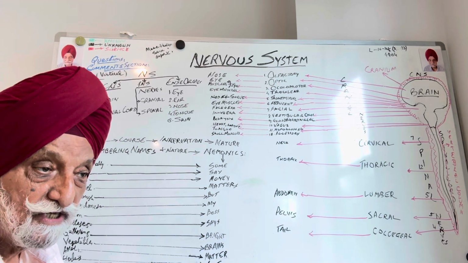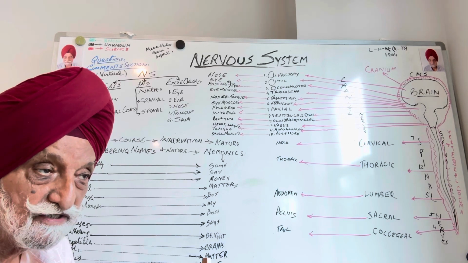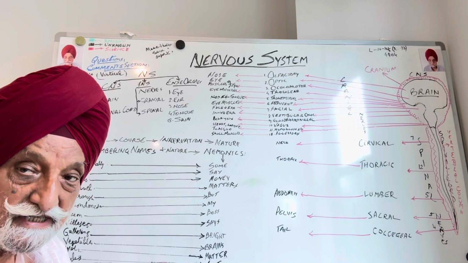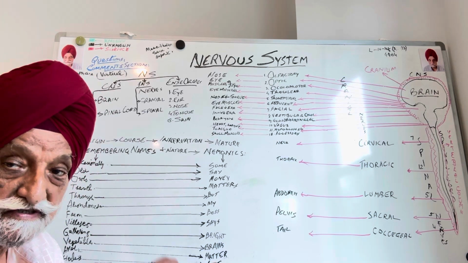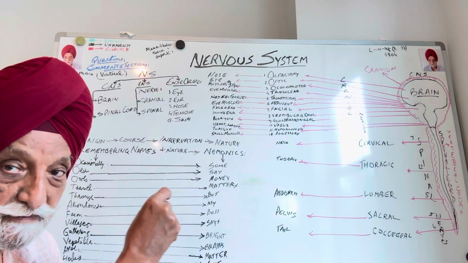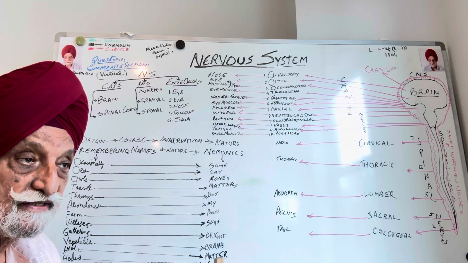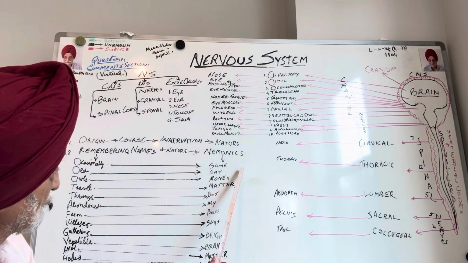To remember these names in that particular order, we have certain sentences, and the first letter of each word of the sentence makes the first letter of the name of each nerve. And these sentences are called mnemonics.